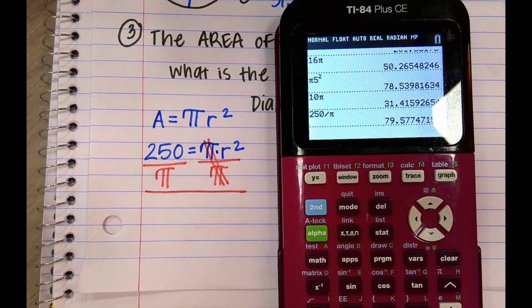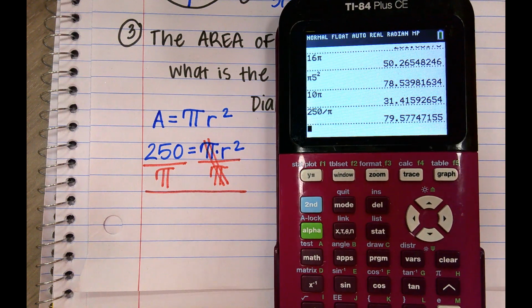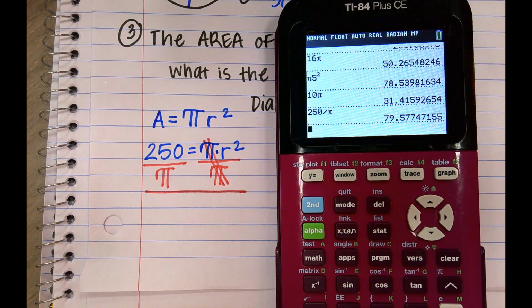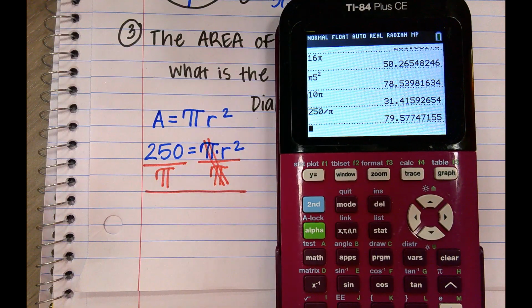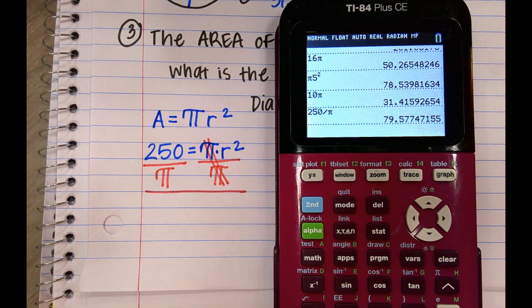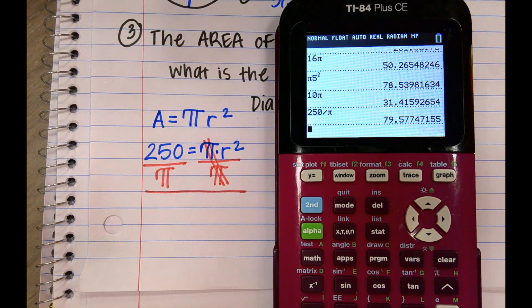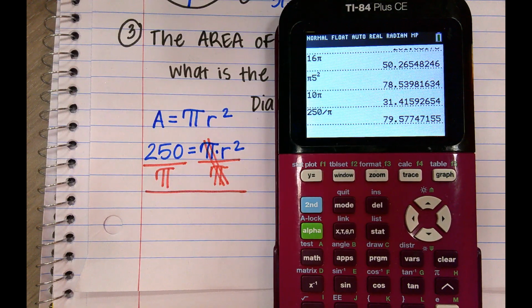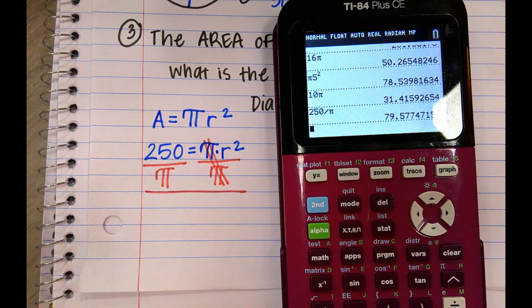Type that in and make sure you get the same answer as me. I got 79.577471155. I won't round yet. I'm going to leave 3 decimal places this time. 79.577.